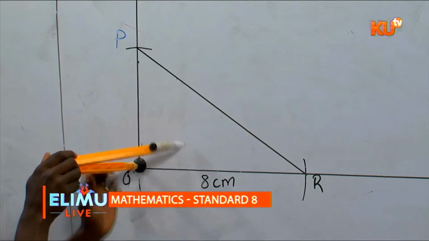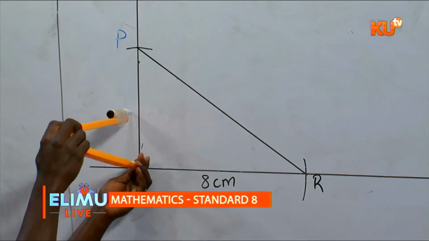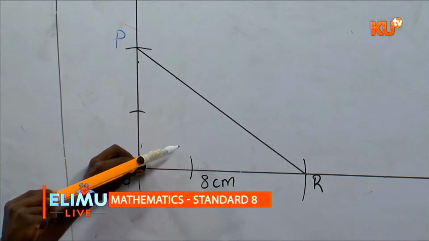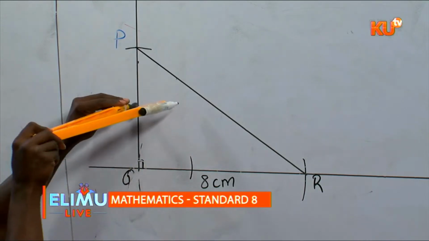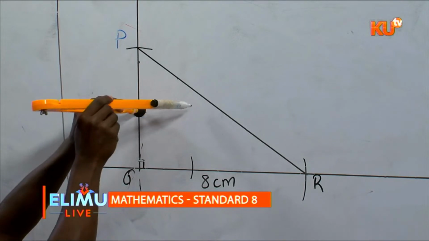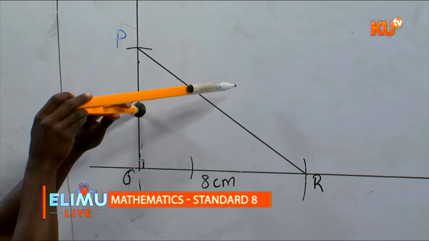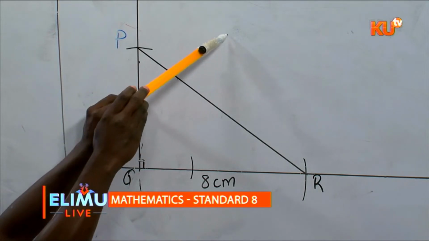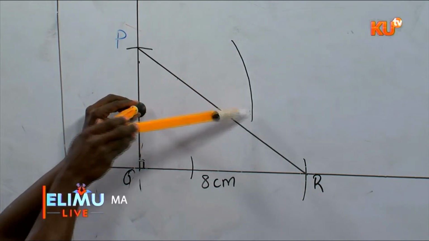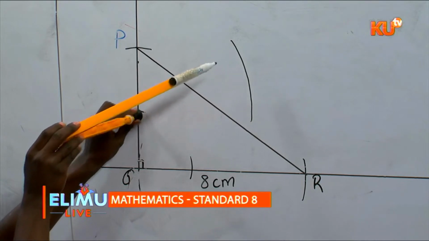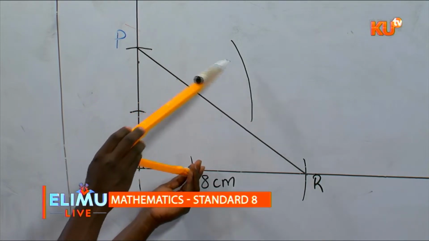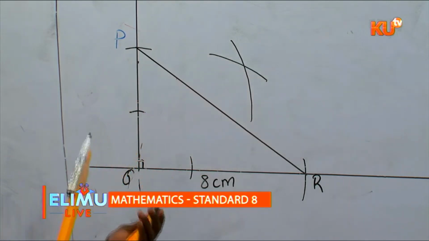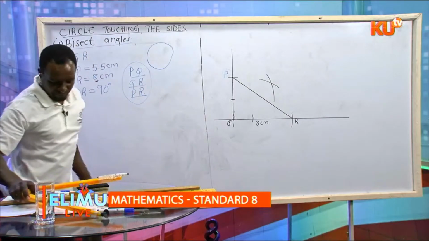That's it. Cut there. Cut there. Then take the point you have put. Widen your compass outside the triangle. Put an arc there. Then on this one, put an arc there. Then put your compass down.